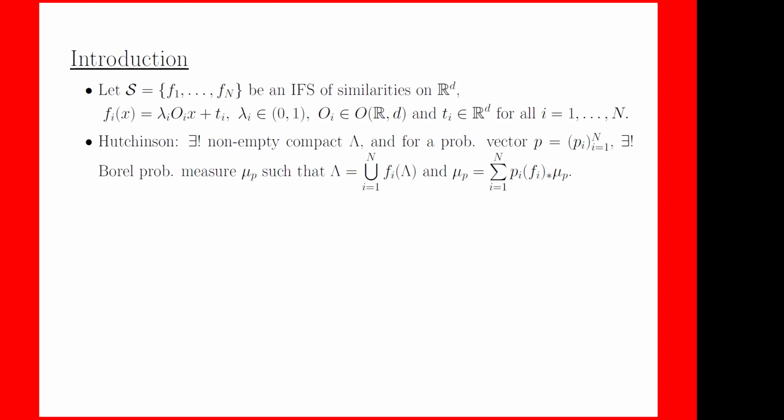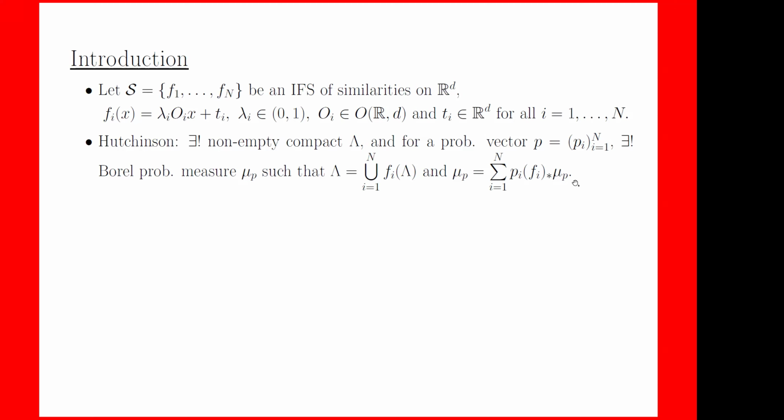It's well known there is a non-empty compact set, called the self-similar set, which is invariant with respect to this IFS in this sense. And also there is a unique Borel probability measure, which is invariant with respect to this IFS in that sense.